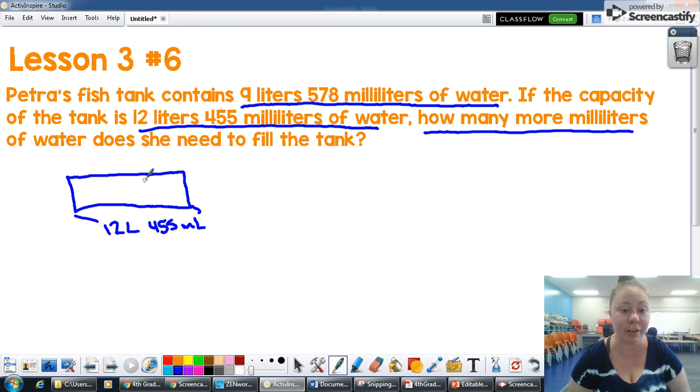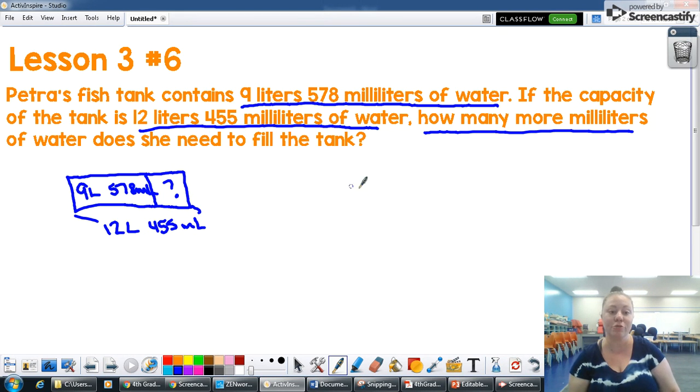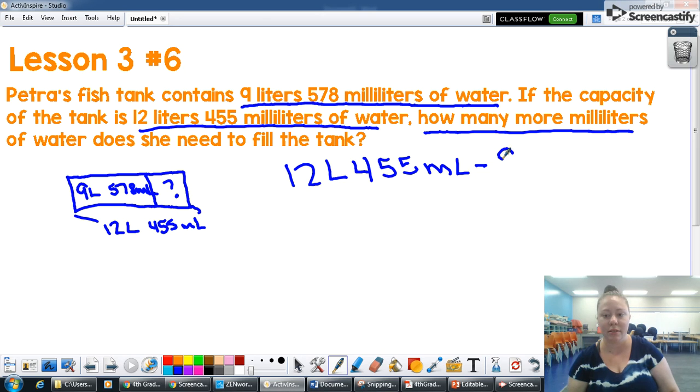Okay, so that's the whole thing. She hasn't filled all of it up. She's only filled up 9 liters and 578 milliliters. So this part is our question mark. We need to subtract. So I'm subtracting 12 liters, 455 milliliters minus 9 liters, 578 milliliters.